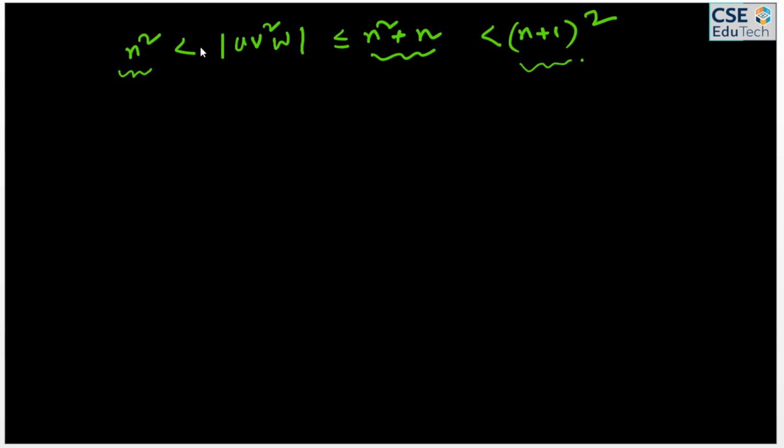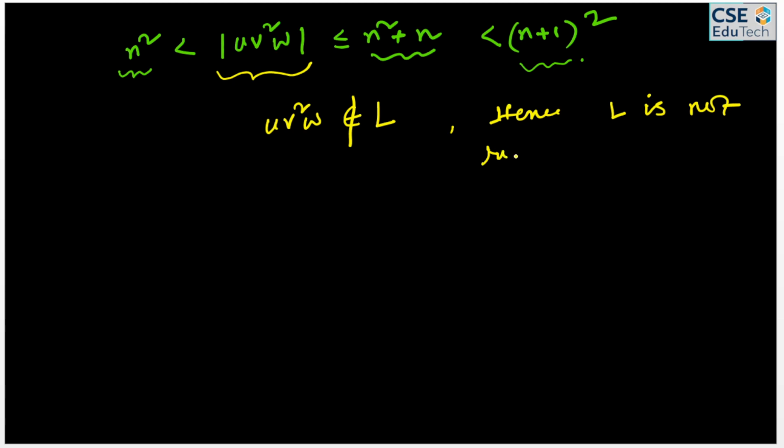So this does not belong to the language. Clear? So u v^2 w does not belong to language L. Hence L is not regular.